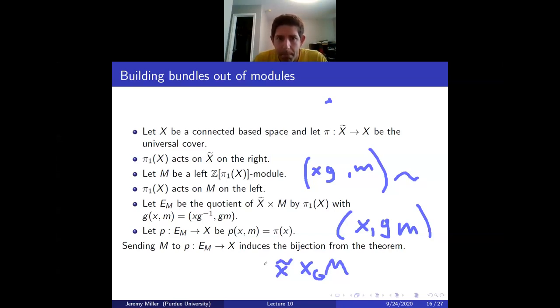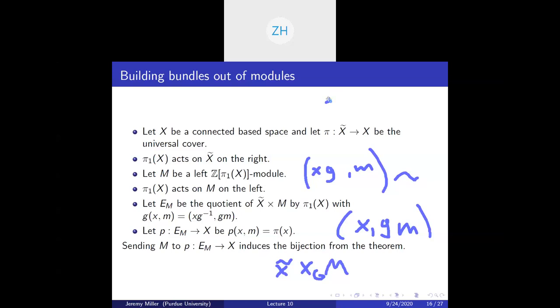Is there a similar bijection for higher homotopy groups, like Z[π_n of X]?